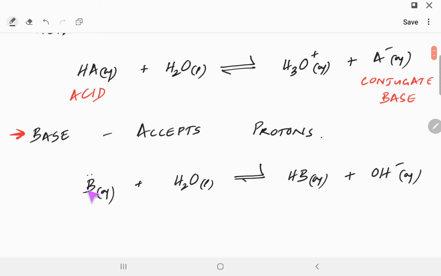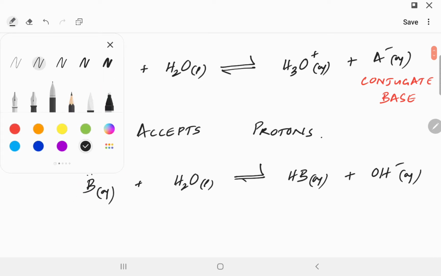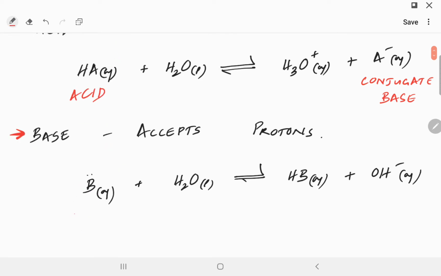So B is going to be your base, and HB is going to be what? It is not an acid, but it is going to be the conjugate acid. So this is how you define acids and bases in the Brønsted-Lowry definition.